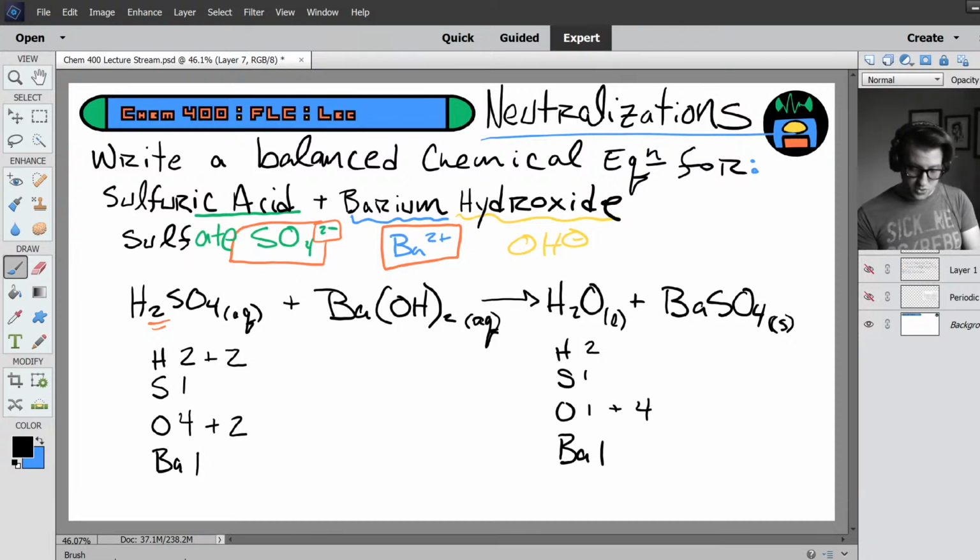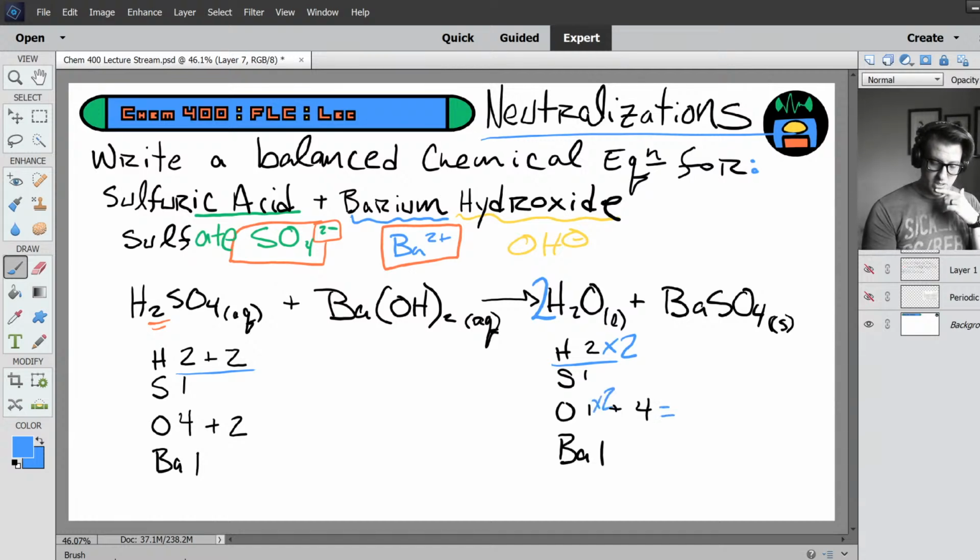When I look at these two, hydrogen seems a lot easier to balance than oxygen, right? 2 goes into 4 twice, so I'm just going to multiply H2O by 2, and I'll worry about oxygen later. Now we have 2 oxygens coming from water and 4 hydrogen, and you'll notice that this is our Disney ending.